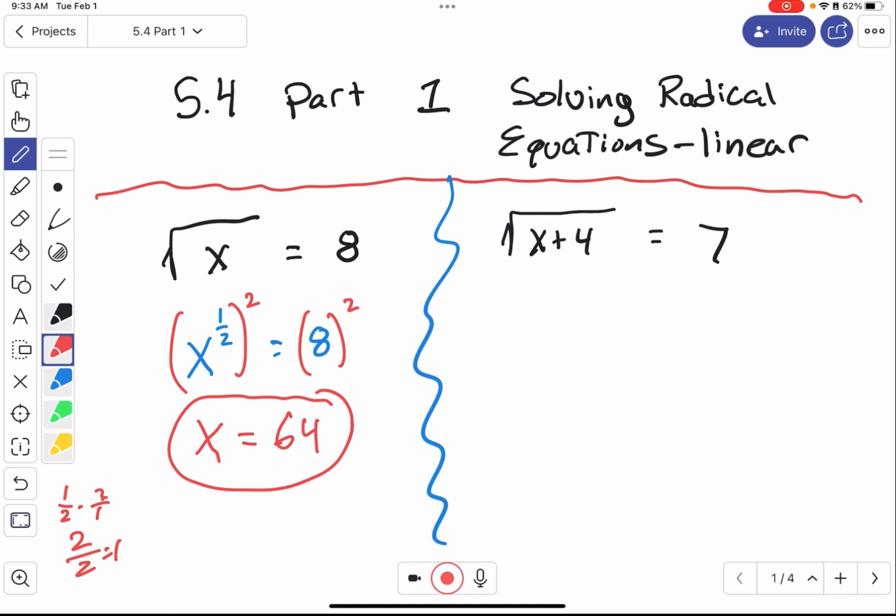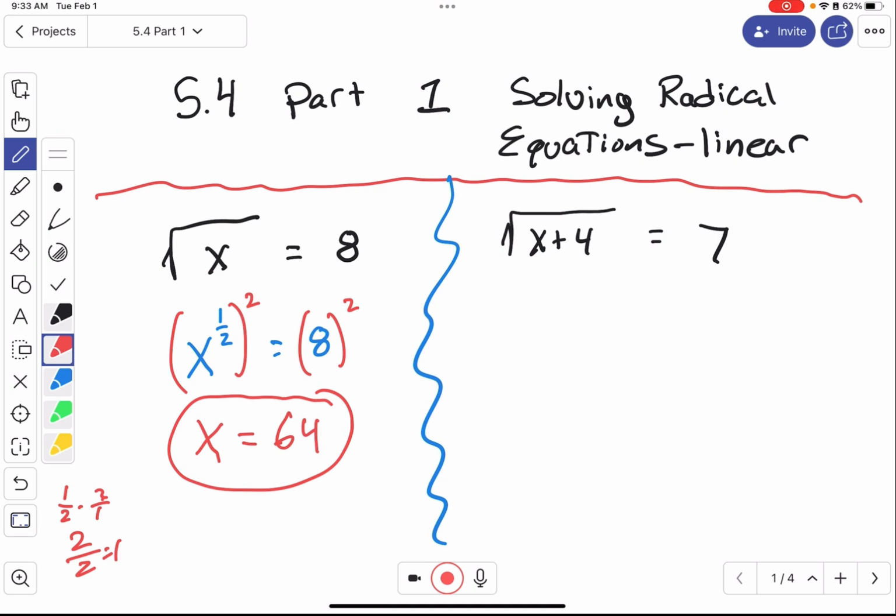Okay. So we can do this power to power thing. Now, are you going to use power to power to do these? Probably not. Okay. How do you get rid of a square root? You get rid of a square root by squaring something. Do you have to write it as x to the 1/2 power? Certainly not. I just wanted to show you mathematically why it works when we do what we do.